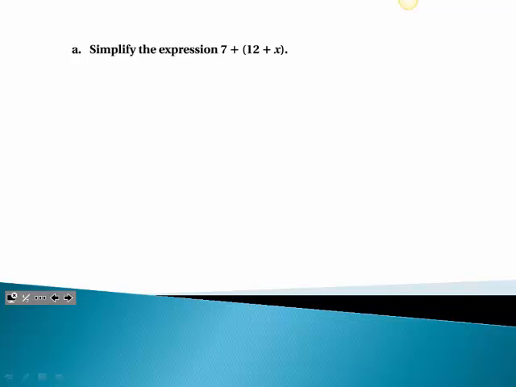Here we're going to simplify this expression, and we have to use the properties that we've learned. So here, notice, this is very, very important: you cannot take something out of parentheses and switch it with something inside of parentheses.